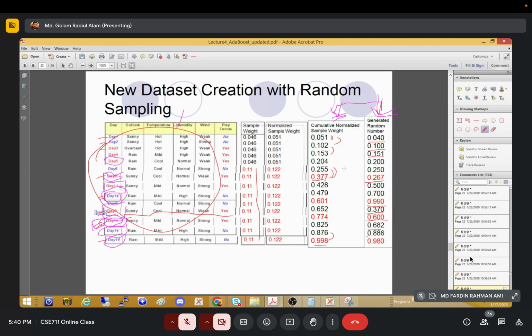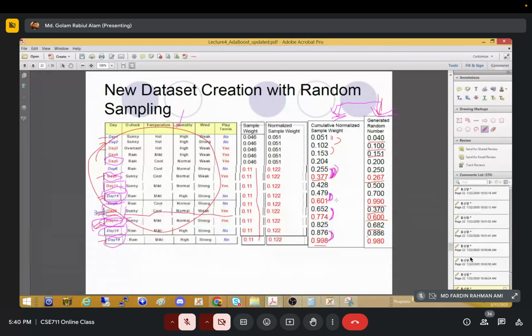set. How? Because we can see there is the interval of our misclassified instances. So this is the interval of our misclassified instances, and this is the interval of our misclassified instances, and this is another interval of misclassified instances, and this is another.